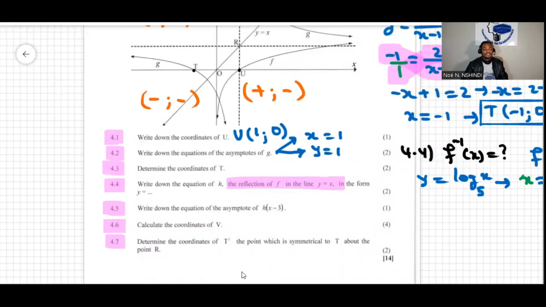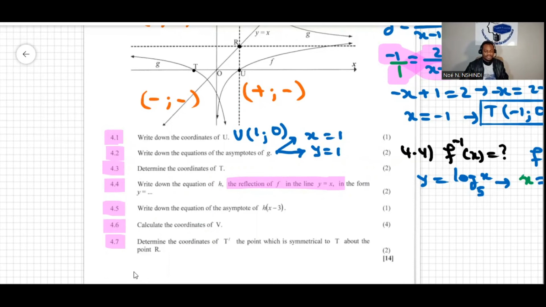The question 4.7 says: determine the coordinate of t prime, the point which is symmetrical to t about the point r. Let's read again. Determine the coordinate of t prime, the point which is symmetrical to t about the point r. Where is r? Oh yeah, I see r. R is over here.